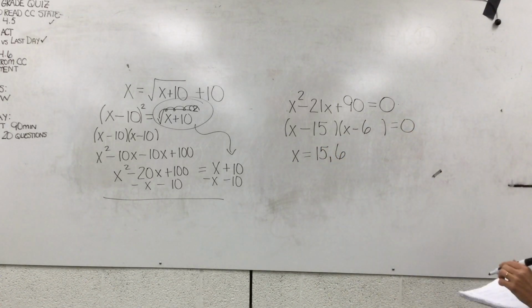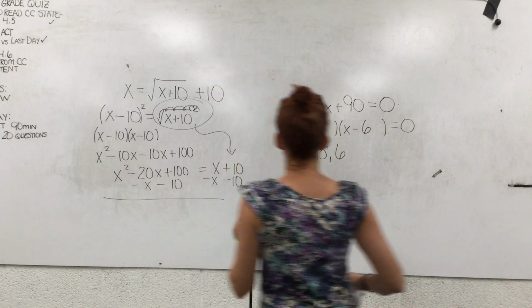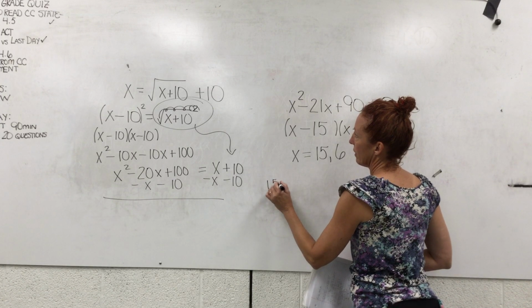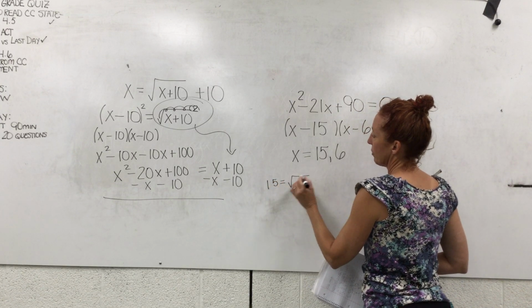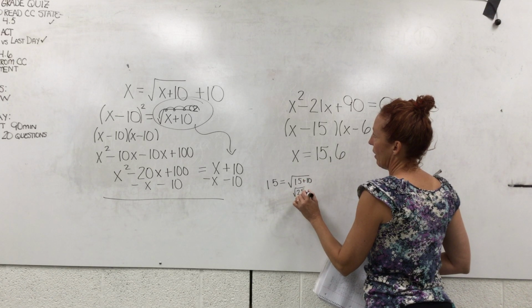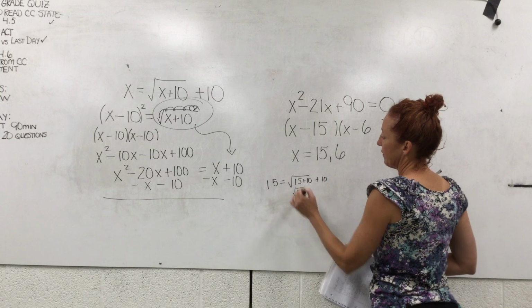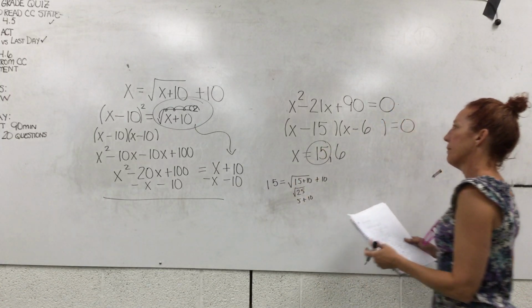And those are both positive. So let's go back up here and check. So if I plug 15 in, I get the square root of 15 plus 10, which is 25, which is 5. So 5 plus 10 is 15. So this one works out fine.